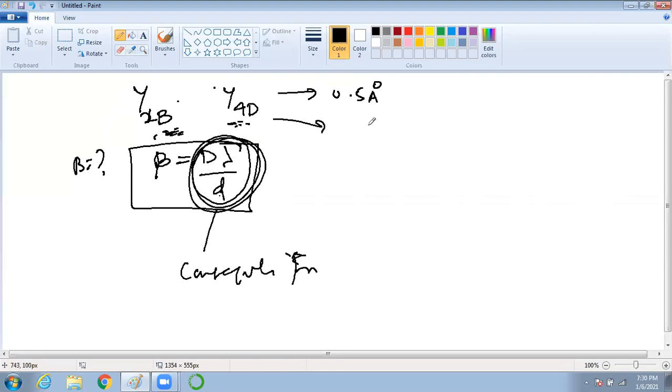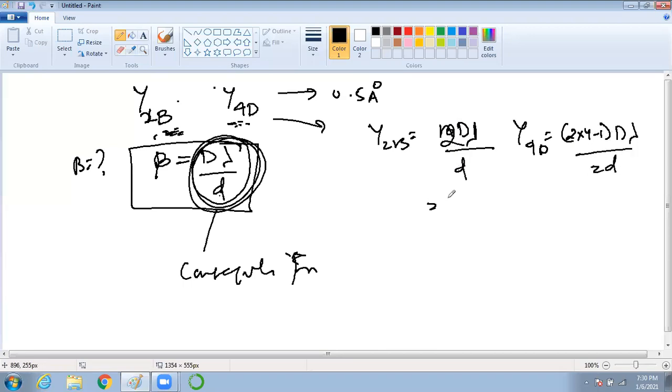So find out y2b. What is y2b? It is n d lambda by d, so 2 d lambda by d. And y4d is 2 into 4 minus 1 into d lambda by 2d. So this will be 2 d lambda by d, and this will be 8 minus 1, which is 7 d lambda by 2d.